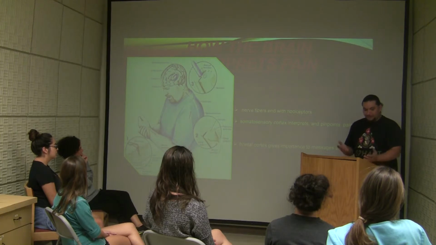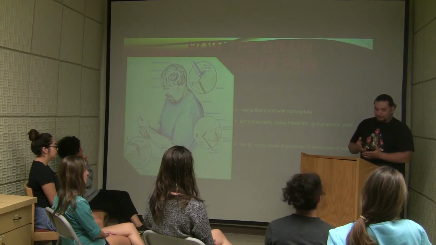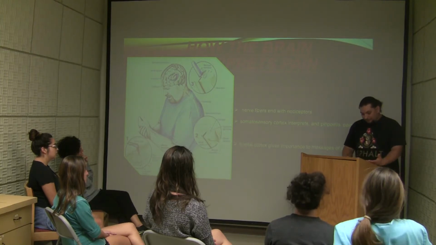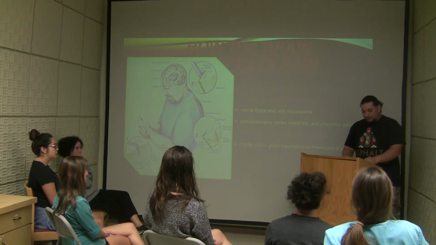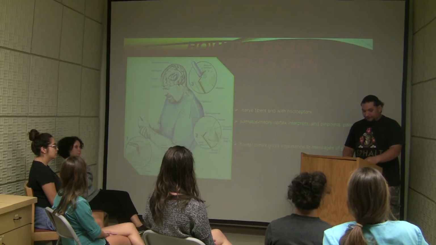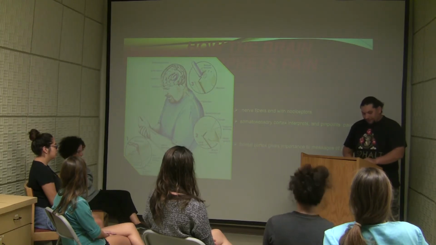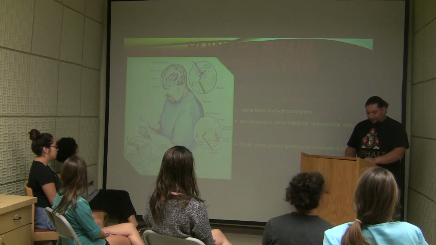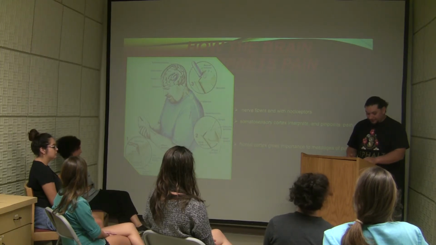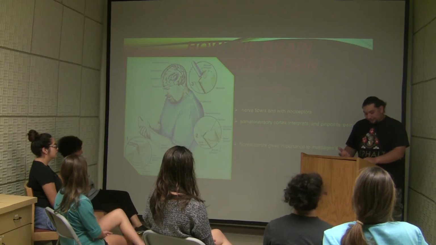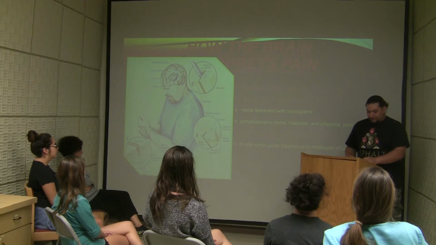Basically, wherever you get cut, that part of your brain says, my finger's cut. Then it goes also to the limbic system, which associates the pain with suffering, so that makes you realize, I'm hurt. And then finally to the frontal cortex, which works to give importance to the message of the pain. This process is basically how your body reacts to pain.